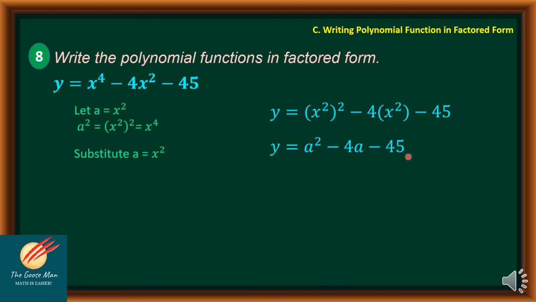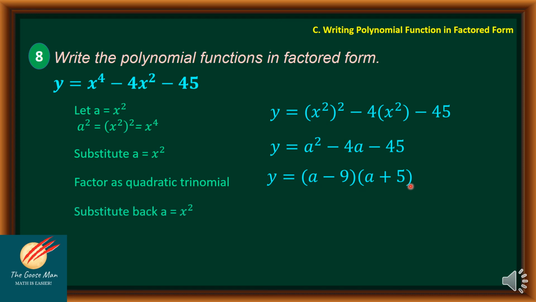Then, using your knowledge in factoring quadratic trinomials, factor the quadratic trinomial. What will be the factors of this polynomial? Okay, so the factors are actually a minus 9 times a plus 5. However, if I substitute back that a is equal to x squared, we have this expression y is equal to x squared minus 9 times x squared plus 5.